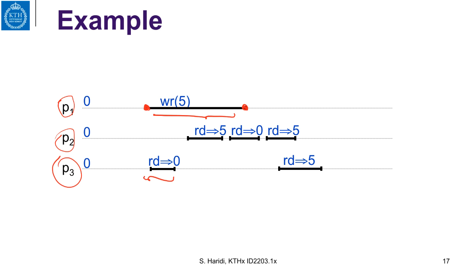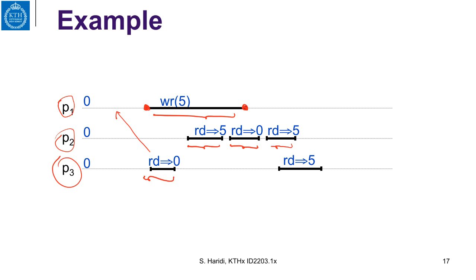This read returns the value 0, which is correct because the value 0 is the last written value, and this read is overlapping with the write. This read returns a value of 5, which is correct according to the specification, because you are allowed to return the overlapping write or the earlier write. Again, this read is correct, it returns 0, because you are allowed to return the last value written.